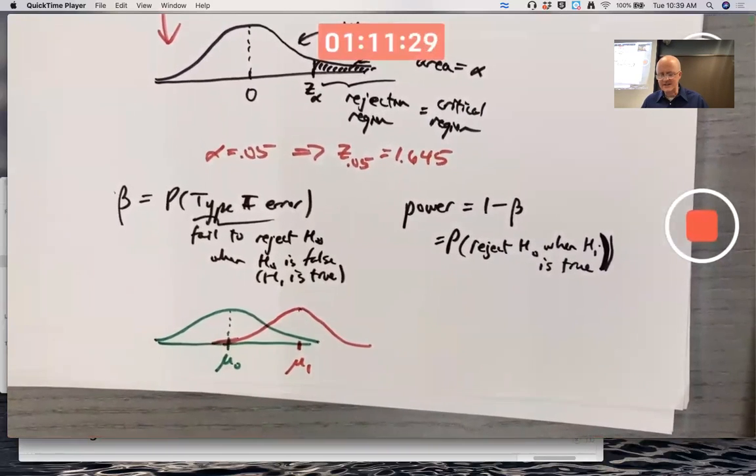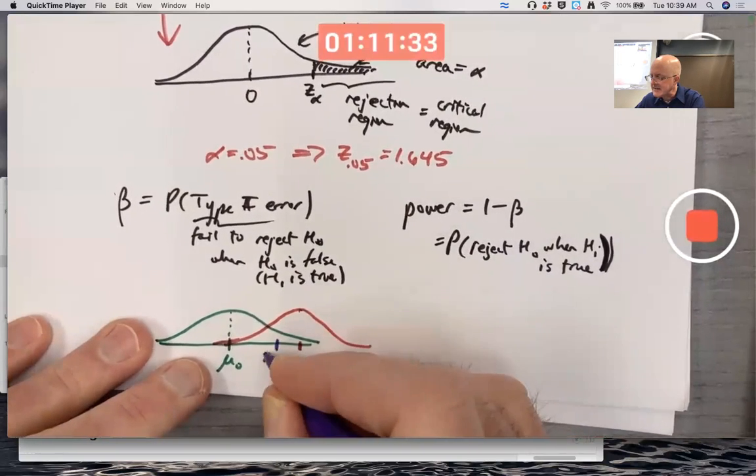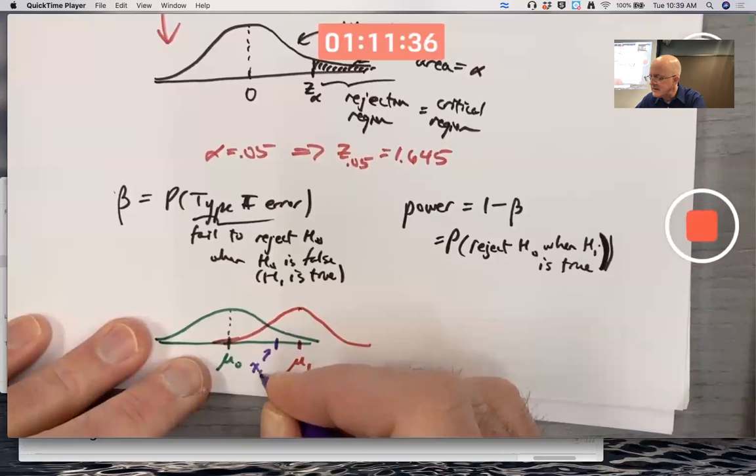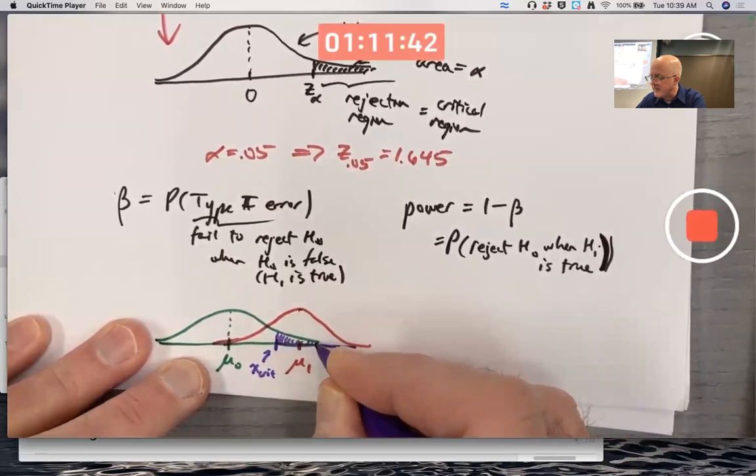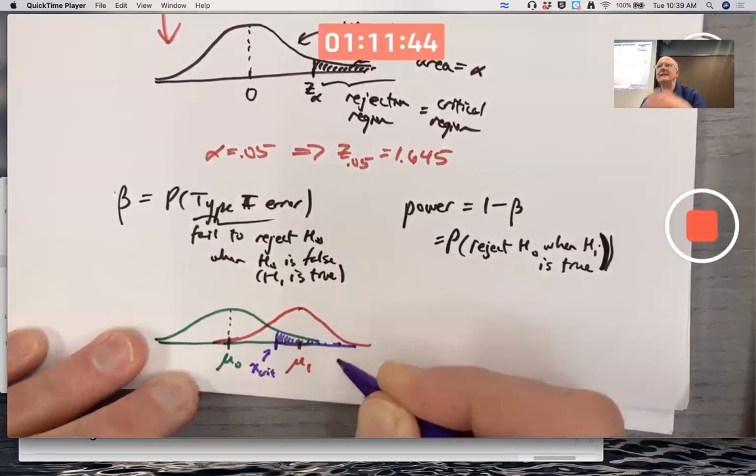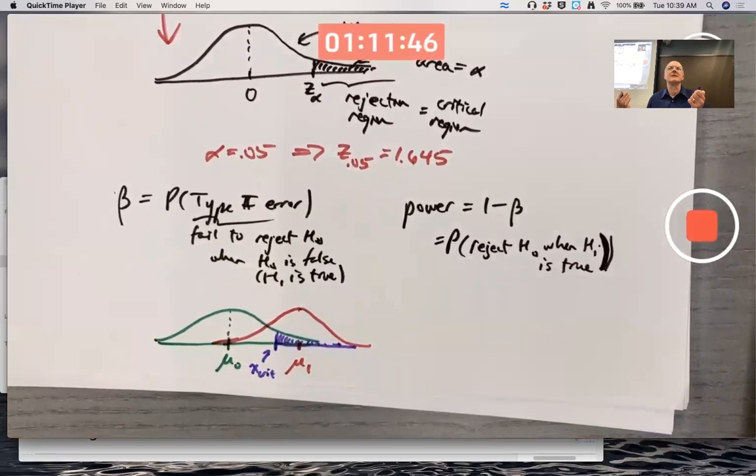The rejection region is still the same. There is still some value X crit, or X sub alpha, where you reject the null based on this area under the green curve being alpha. That's still the same, because you still have the same null hypothesis.